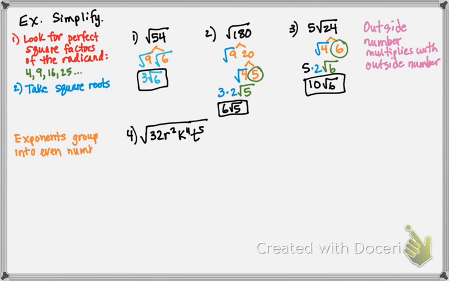In fact, what we want to know is the highest even number that the exponent can go into, okay? And then what we do is you can take the square root of any even exponent.